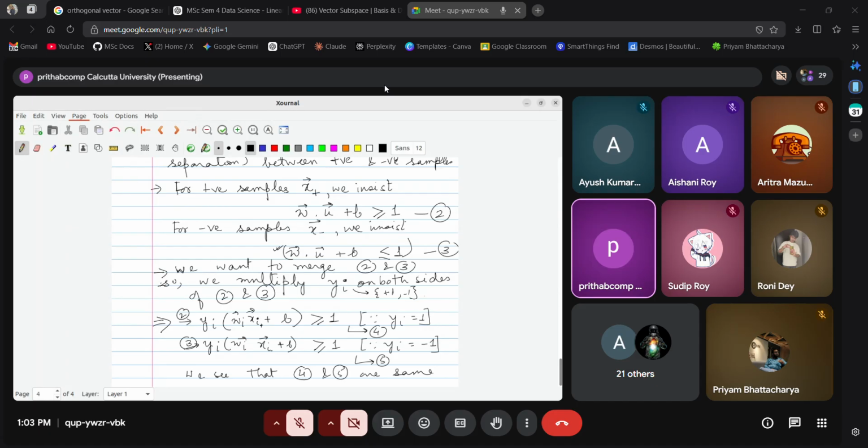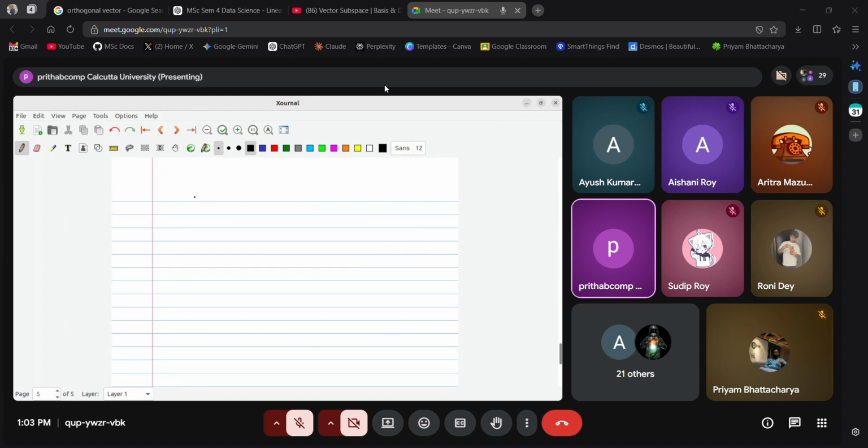Once we have this, we will rewrite 4 and 5 as yi into wi xi plus b. This 1 I am taking to the left hand side, and it is greater than equal to 0. Let's call this equation number 6.